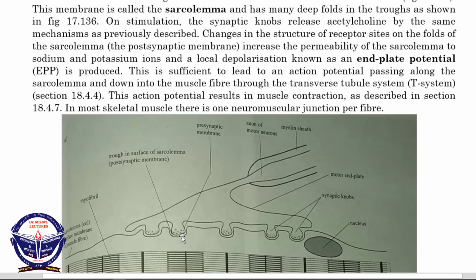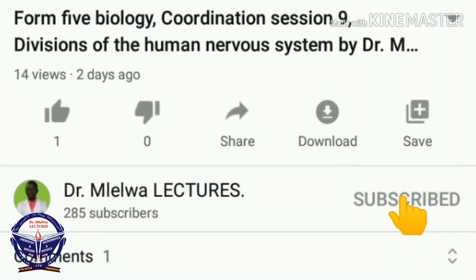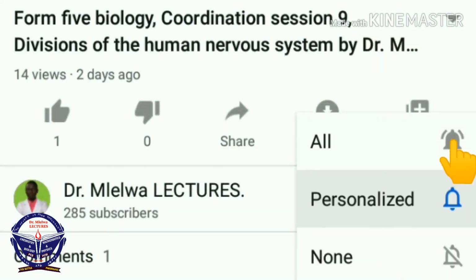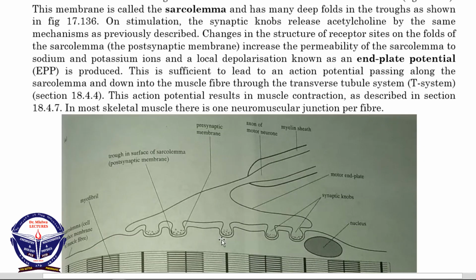As you can see, it has folds here, and then this is the motor neuron with myelin sheath, then the axon of the motor neuron. So this is what we call the motor end plate.